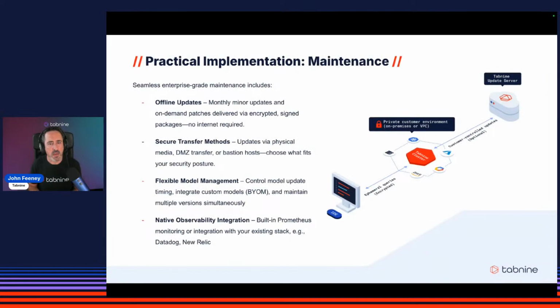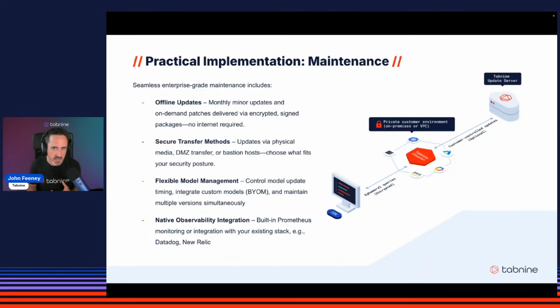Quick word then on maintaining such a system. The first thing to talk about is our update philosophy. At Tabnine, we provide updates on a monthly basis, and these include new functionality, performance improvements, incremental enhancements, bug fixes, and so on. We then provide critical patches on an as-needed basis.